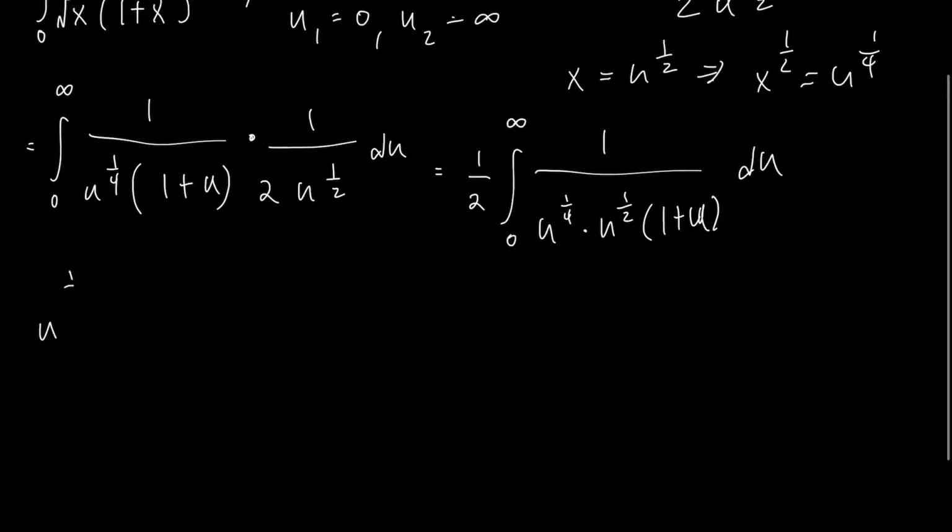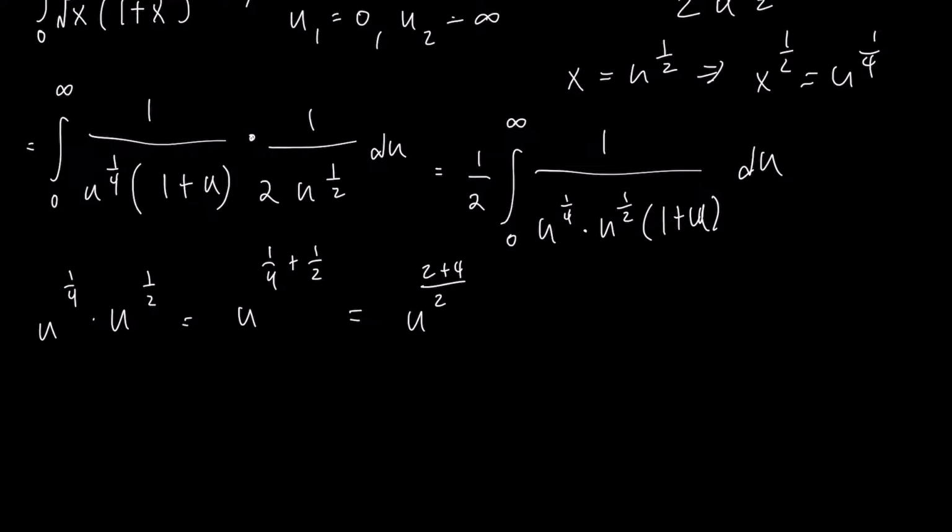So u to the 1/4 times u to the 1/2 is the same thing as u to the 1/4 plus a half, which is u to the (2 plus 4) divided by (2 times 4), which is u to the 6 over 8, which is u to the (2 times 3) divided by (2 times 4). The 2's cancel, and we're left with u to the 3/4.